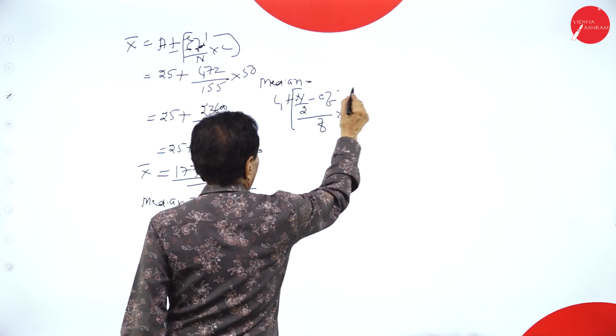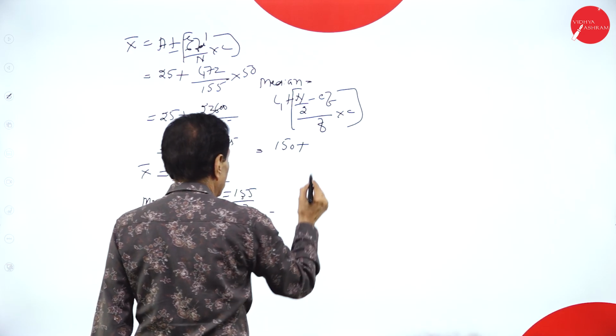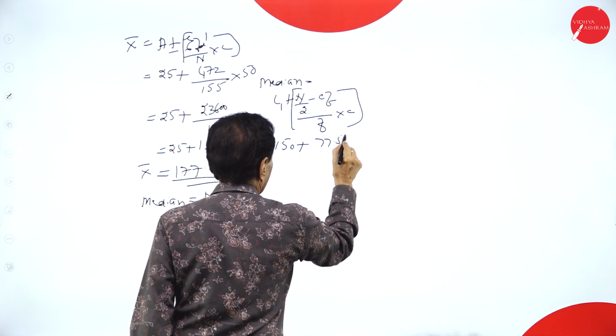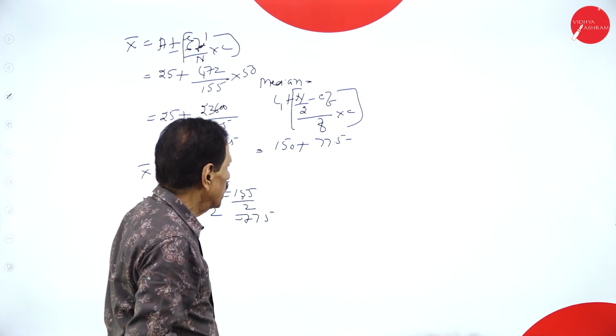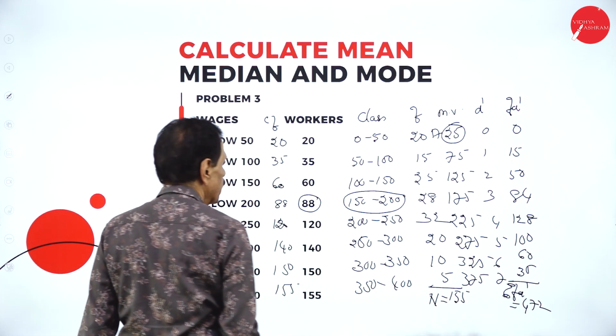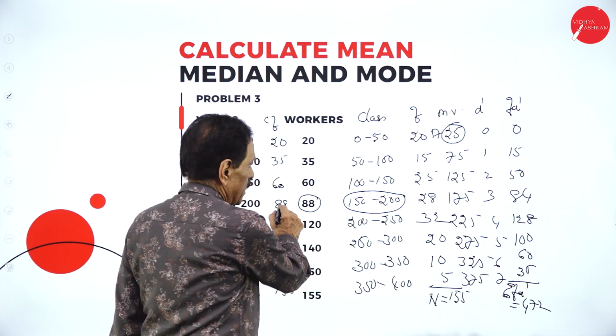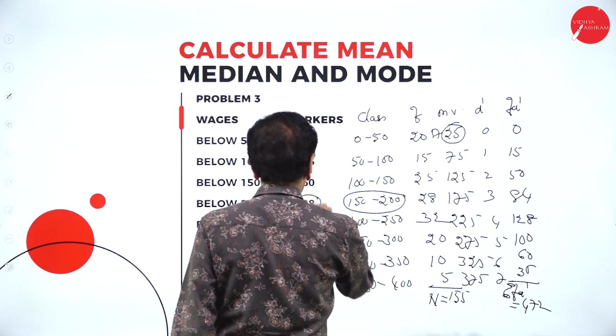This is your class. 150 plus 77.5 minus, behind that you selected this one, 88. This is your frequency.